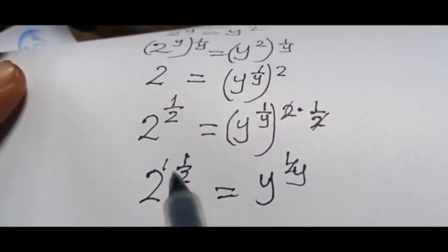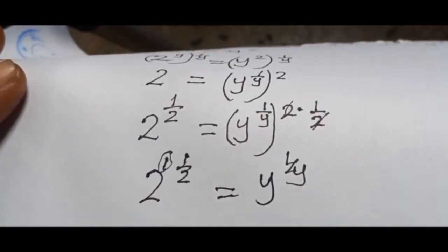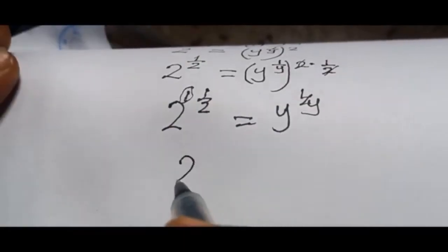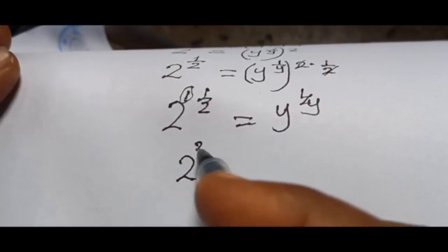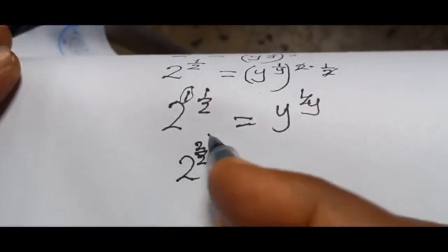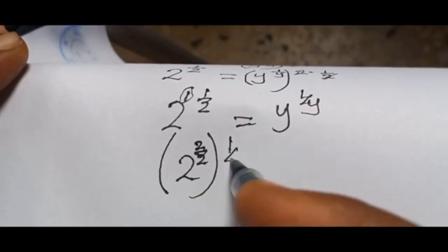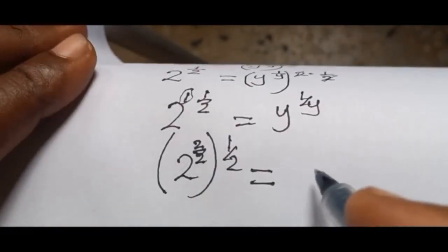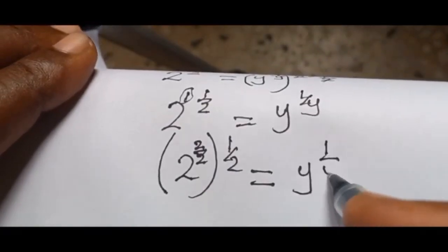So this one here can be written as follows: 2 raised to 2 over 2 in the bracket, raised to 1 over 2, equals y raised to 1 over y.